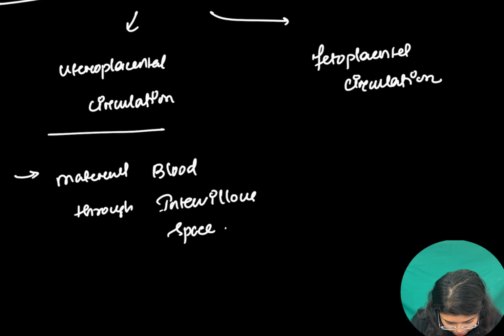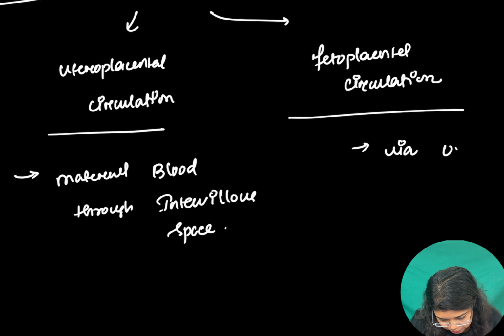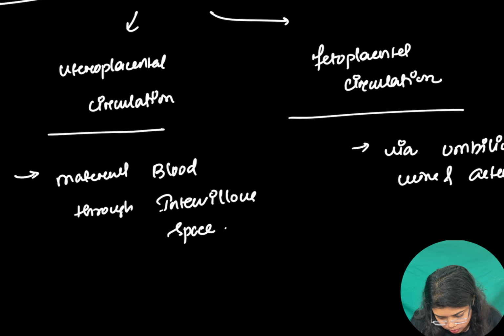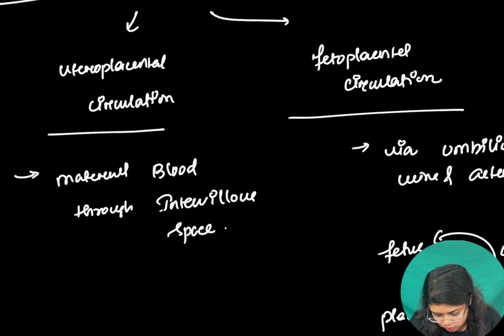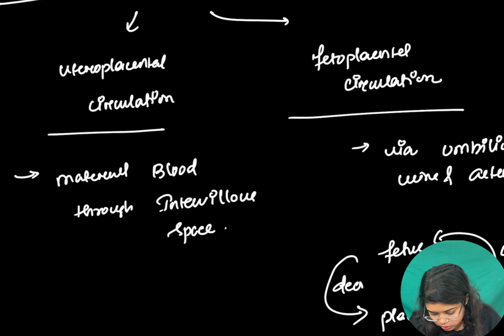And what about the fetoplacental circulation? It is via the umbilical veins and arteries. See, this is the fetus and this is the placenta. The oxygenated blood goes to the fetus, and through the fetus it comes back to the placenta as deoxygenated blood.